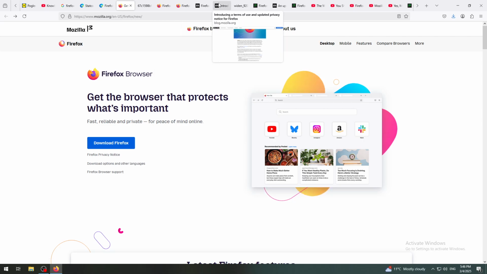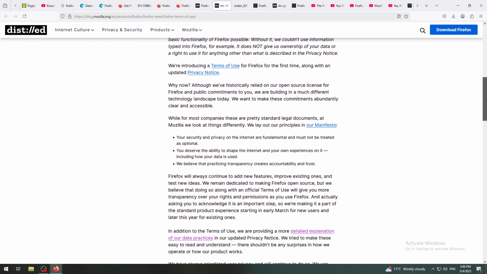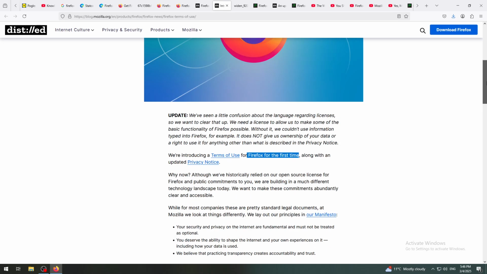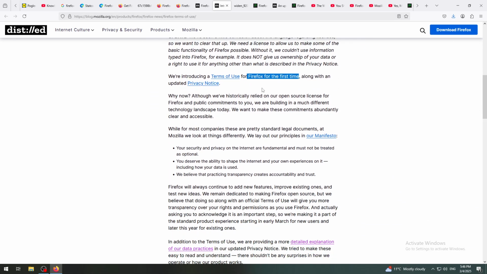So what is the idea here? They try to explain how this is a big deal, because they have introduced terms of use for the first time. Before February 26th, Mozilla and Firefox as a browser didn't have terms of use. You could just go with the flow, with no limits or restrictions, open source, free and so on.